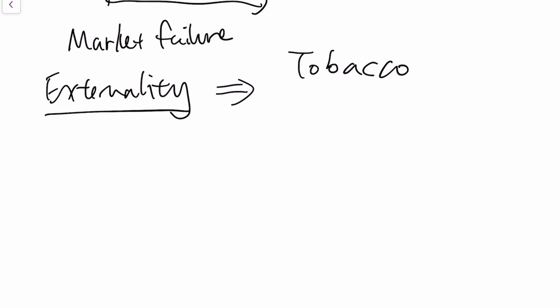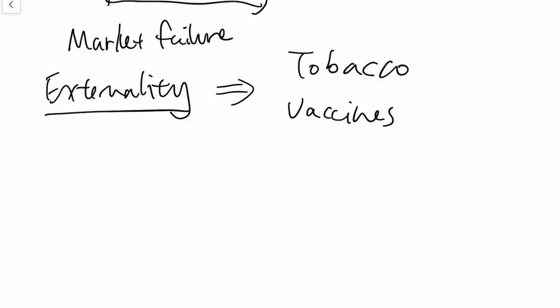We also have a positive externality. Vaccines are one particular example. So if you take a vaccine, then you won't be infected by a particular disease, and the people around you won't be affected by you as well. So this conveys a positive externality.